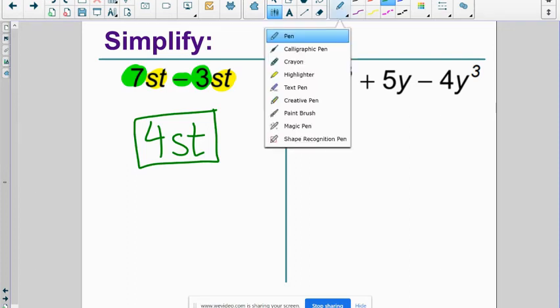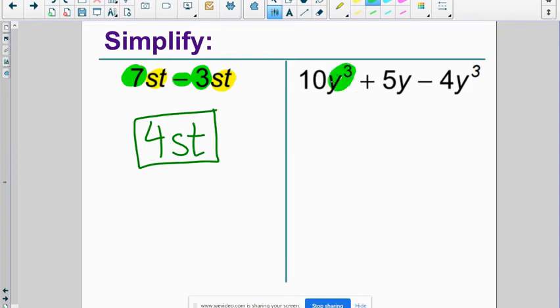In our next example, we have y to the third power, y, and y to the third power. Are any of those the same? Yeah. y to the third power shows up twice. I'll do the y in a different color because that's not a like term.